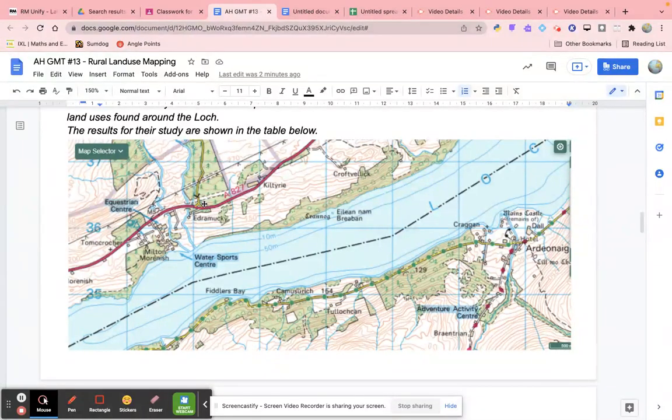Well, if we apply that same logic about wind direction to, in this case, land use, we have to think how could that influence land use? How could wind cause one area of a landscape to have more of something? For example, forestry. Why might we be putting more forestry on our southwest slopes?